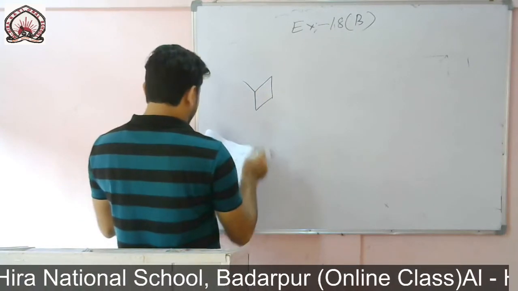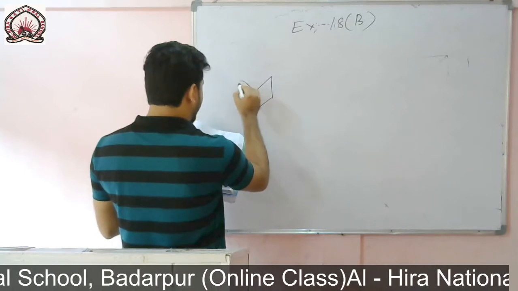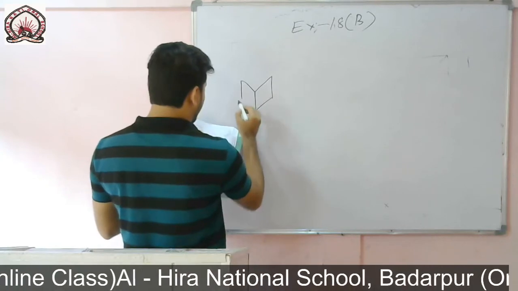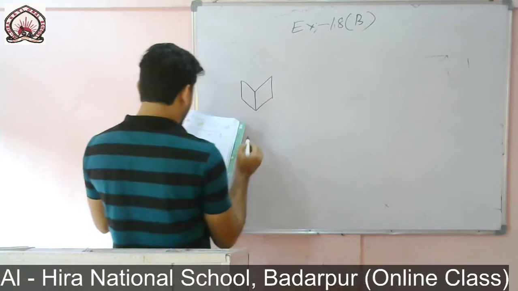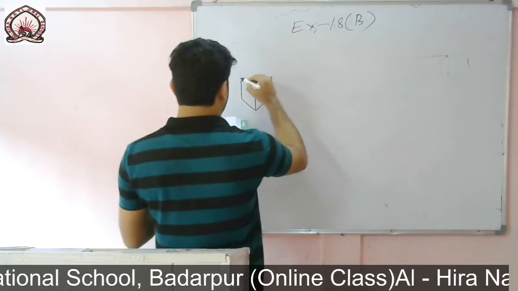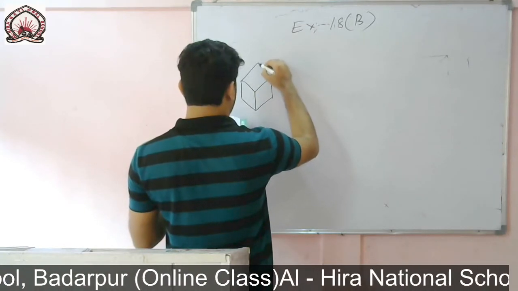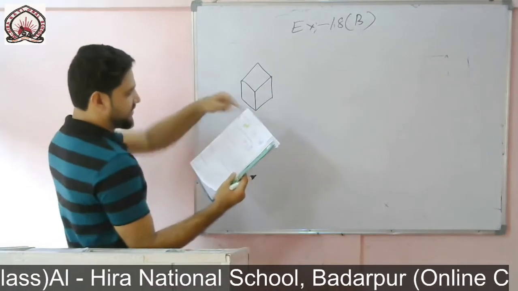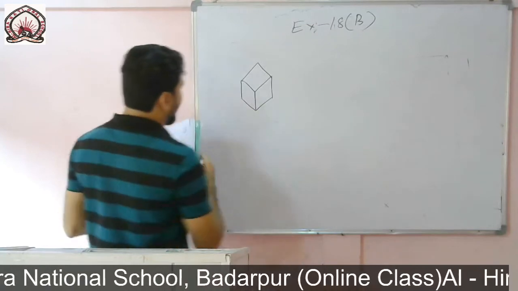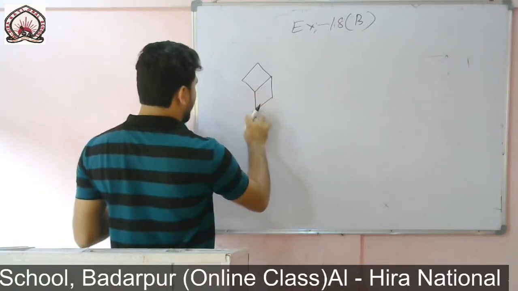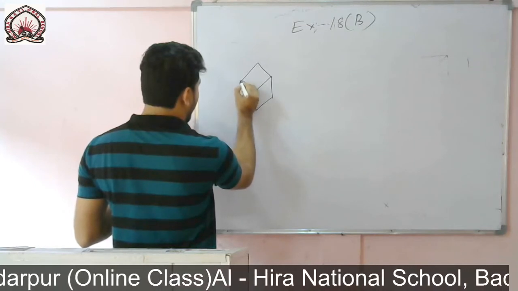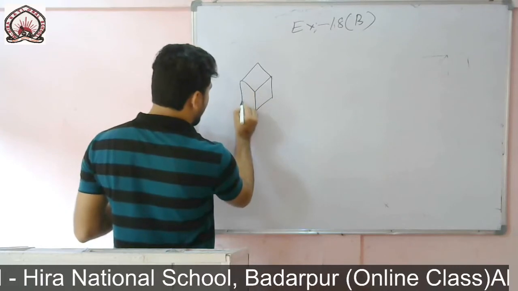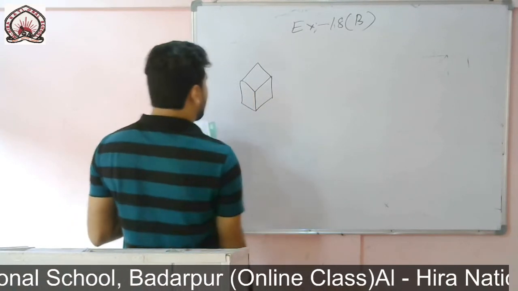After that, you give this portion. So it will look like this. If you draw with the dots, then you will get the exact shape. Like this you will get the shape.